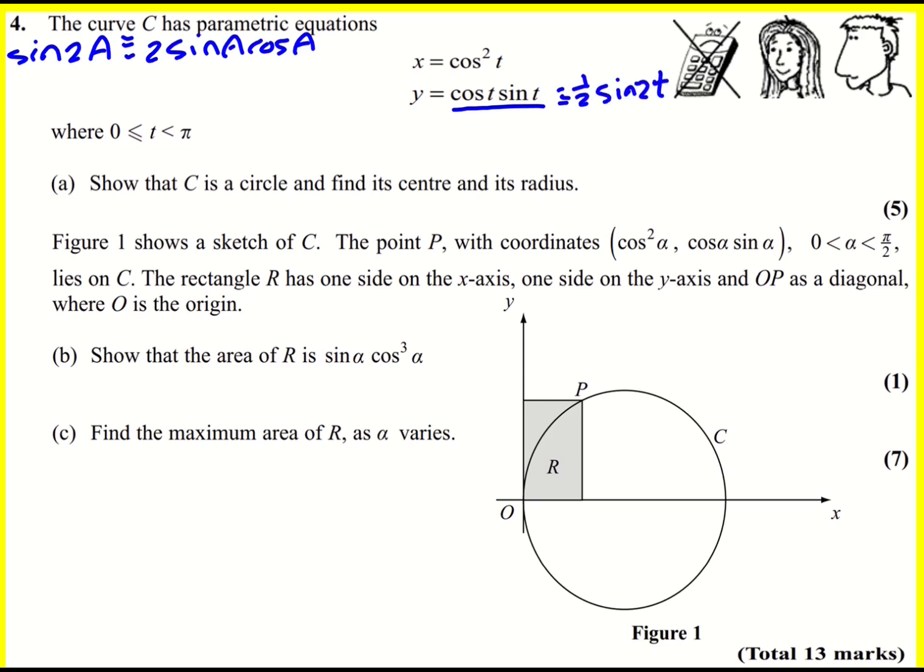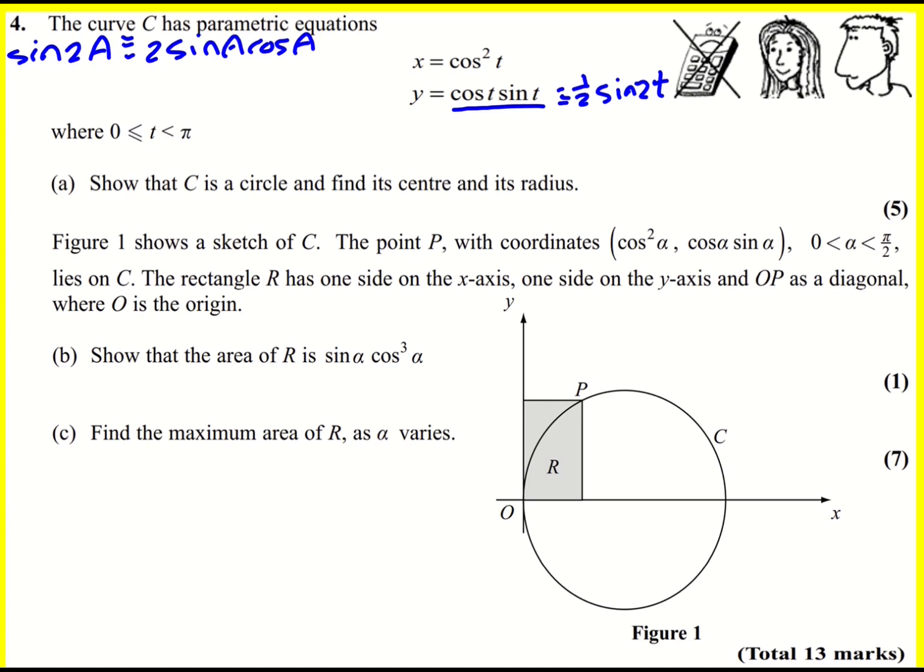Ultimately, we're trying to get sine 2t in one of the expressions and then cos 2t in the other expression, because then if we square and add them, we're going to get 1. And we can start to create an equation, because we're trying to get essentially x squared plus y squared equals r squared, or something like x minus something all squared plus y squared is equal to r squared.